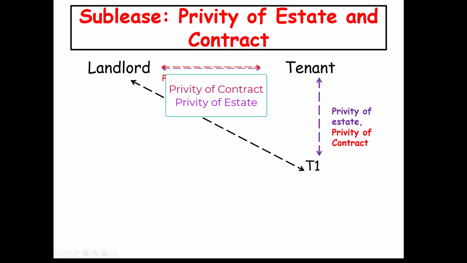And the answer, because in this particular problem, the tenant conveyed 1 year of a 3-year lease, that creates a sublease, and that means there's no privity between the landlord and the new tenant. That lack of privity, there's no privity of contract, there's no privity of estate. That means that the landlord does not have a cause of action against the new tenant. The cause of action remains against the original tenant.